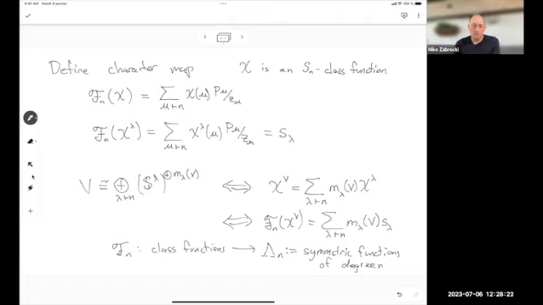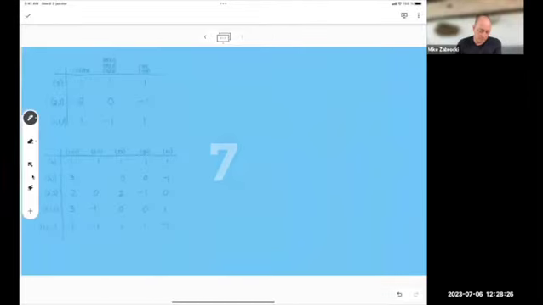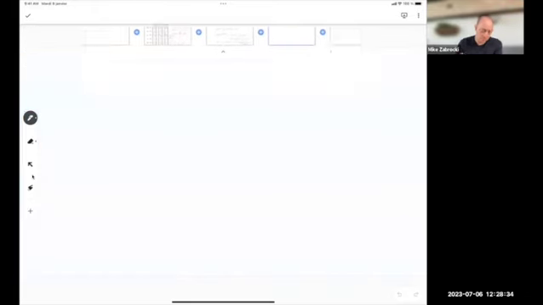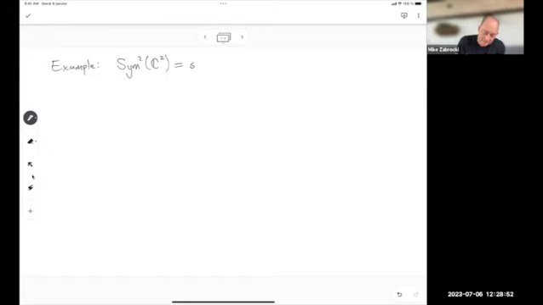So let's do an example. There are my character tables. And I'm going to do as an example the same module that Rosa did in her talk, Sym2 C2. And it is the span of three elements, V1 squared, V1 V2, and V2 squared.